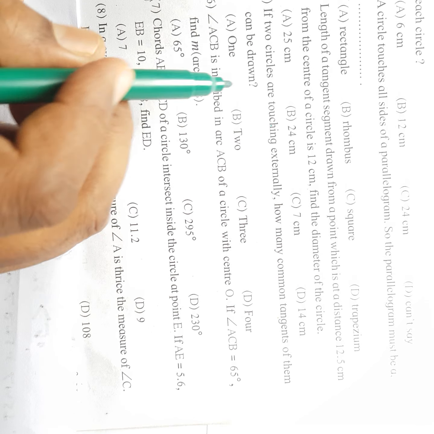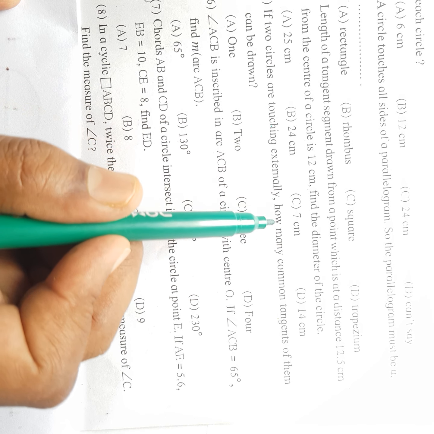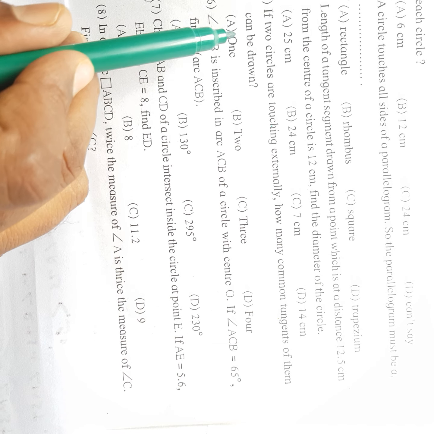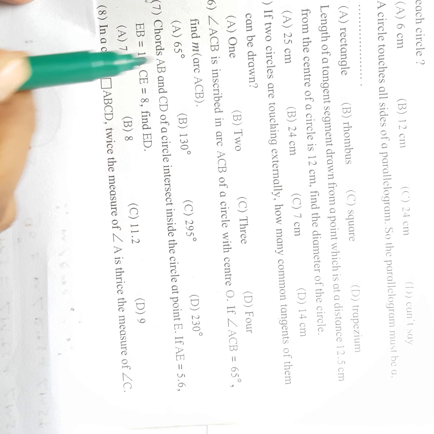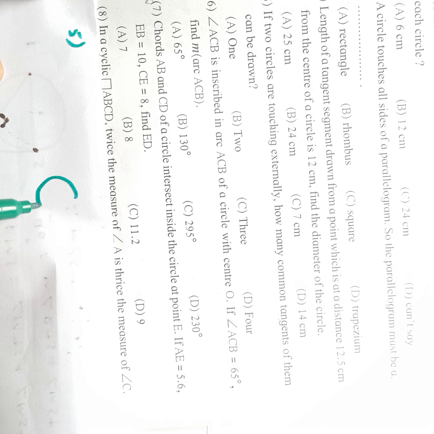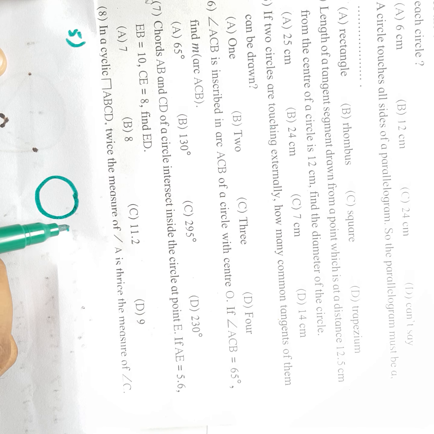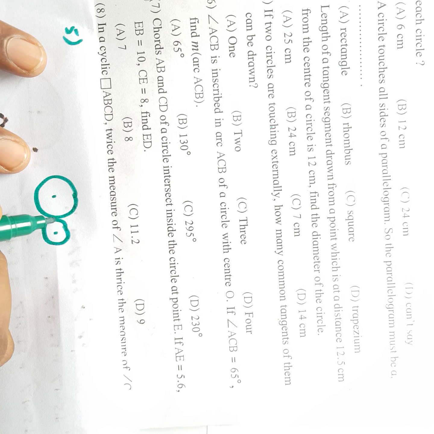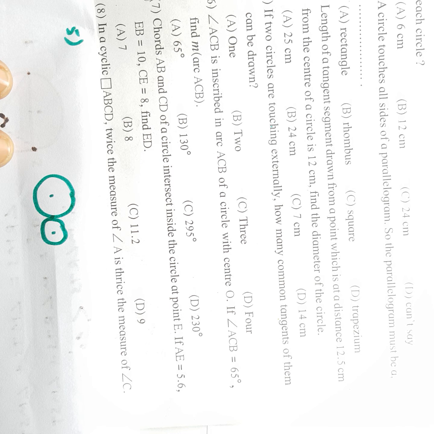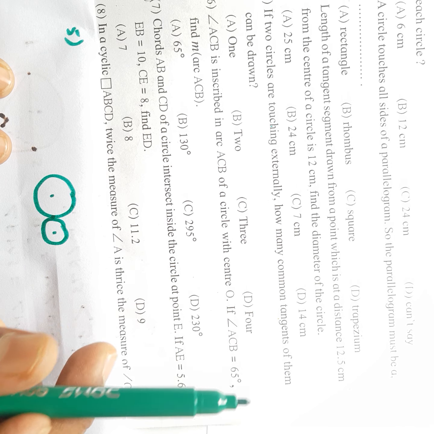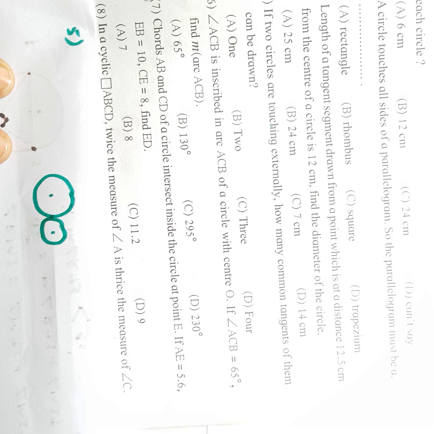If two circles are touching externally, how many common tangents of them can be drawn? Suppose this is the first circle, this is the second circle, and these are touching externally. Then the question is, how many common tangents can be drawn?